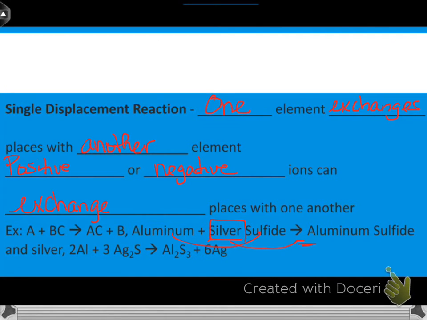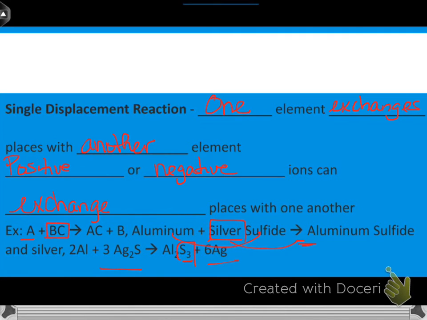So 2Al was your aluminum, and then it was plus silver sulfide, which was this part here. And then a chemical reaction occurred, and the sulfide joined the aluminum, and silver became by itself. That's single displacement. One element moves.